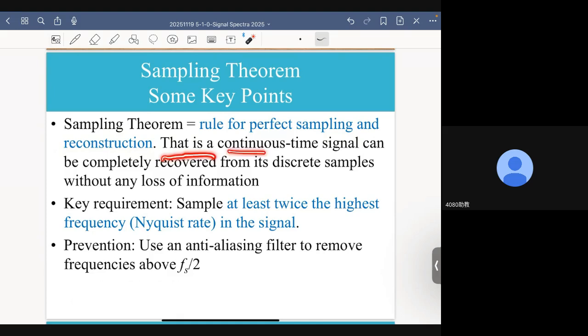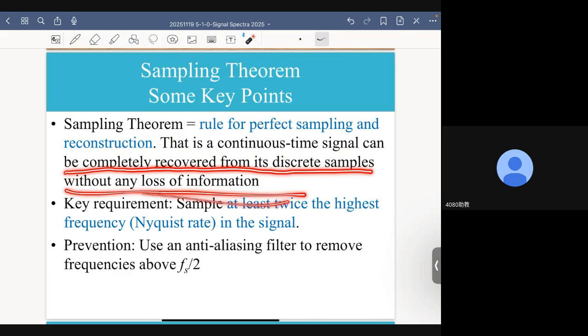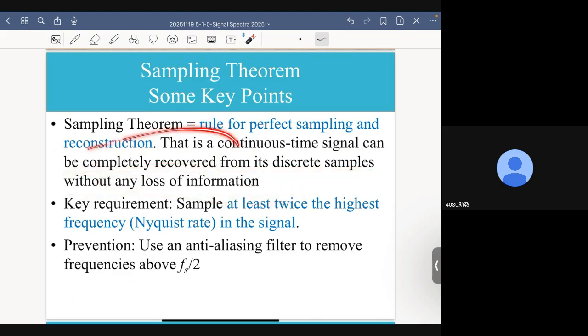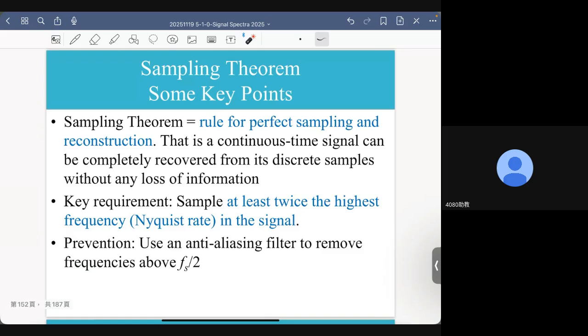That is, a continuous time signal can be completely recovered from its discrete samples without any loss of information. This sentence is actually very important because we digitize our signals all the time. Okay, we discretize our signals all the time.